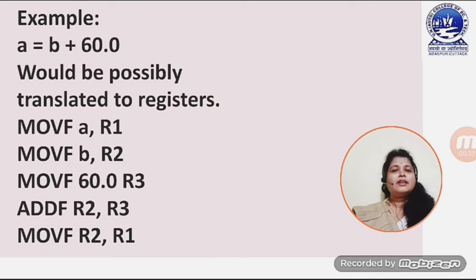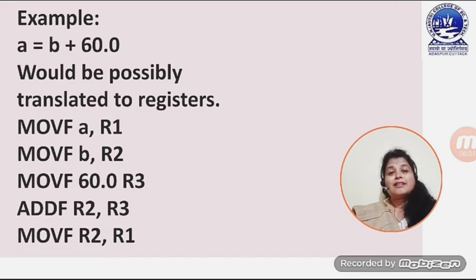Now I will explain code generation, which is the final phase, by giving one simple example. Let the statement be a equal to b plus 60.0. It may be converted to target code as follows. Here in the following code I have used three different registers, R1, R2, R3. R1 is referring to A, R2 is referring to B, and R3 contains 60.0.